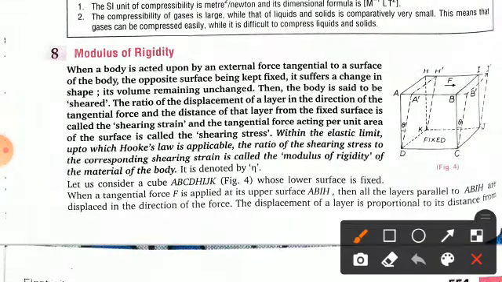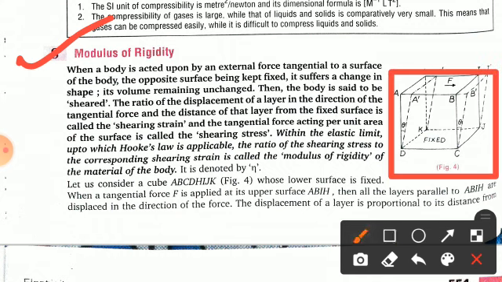Now we'll discuss the modulus of rigidity. This is the figure for the modulus of rigidity. When a body is acted upon by an external force tangential to its surface, the opposite surface being kept fixed, it suffers a change in shape.